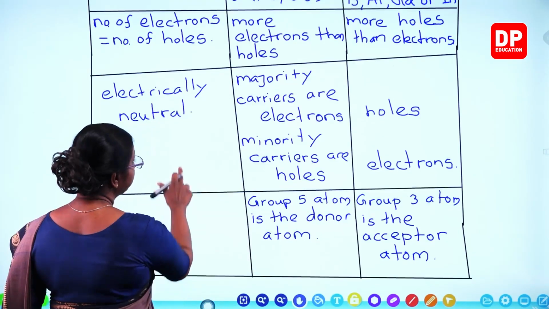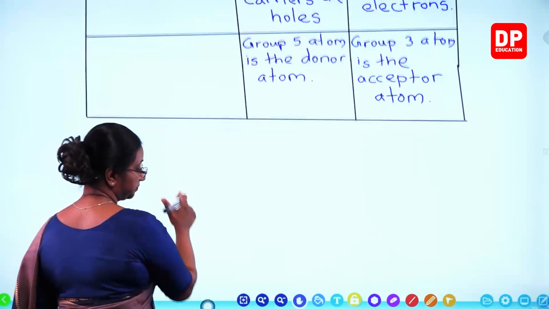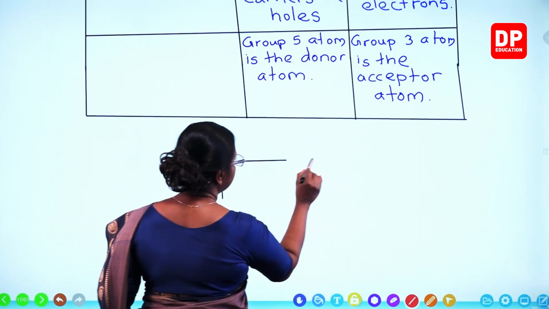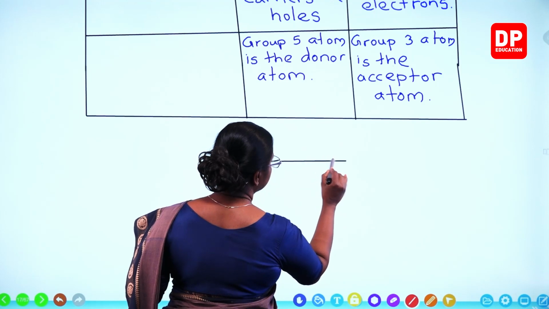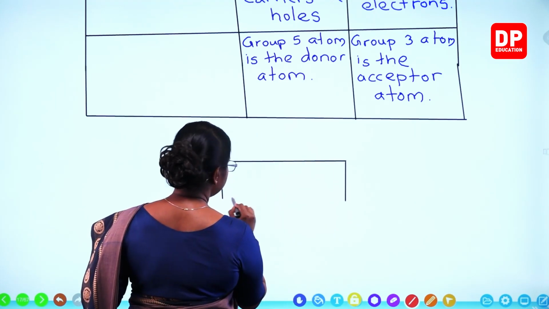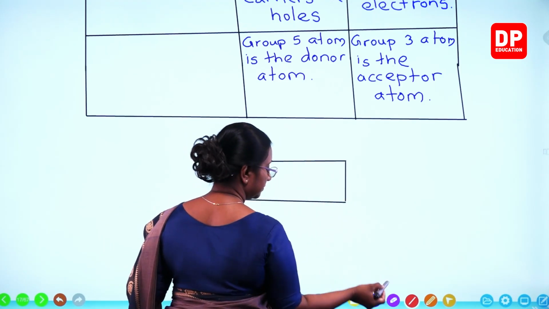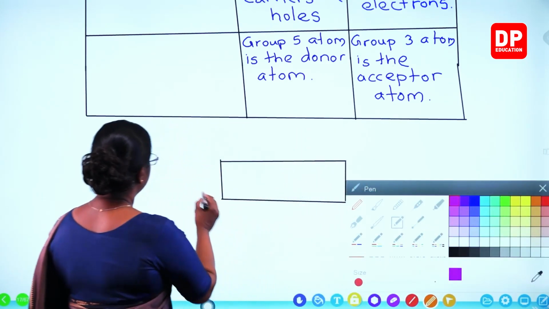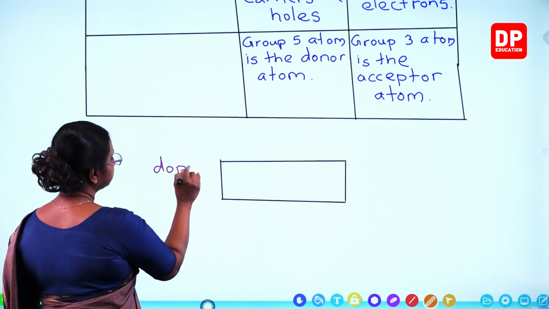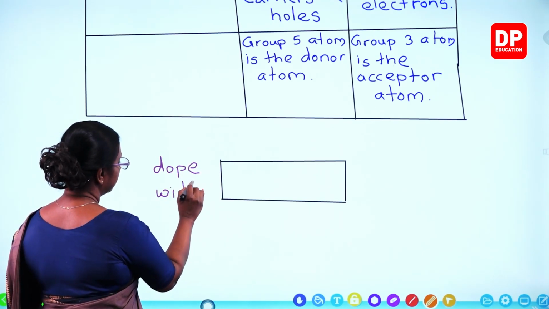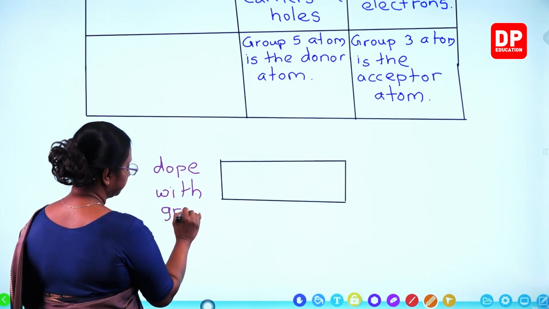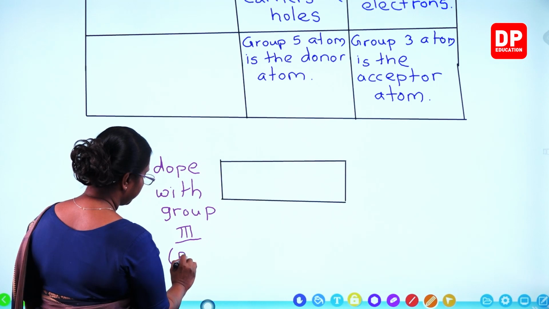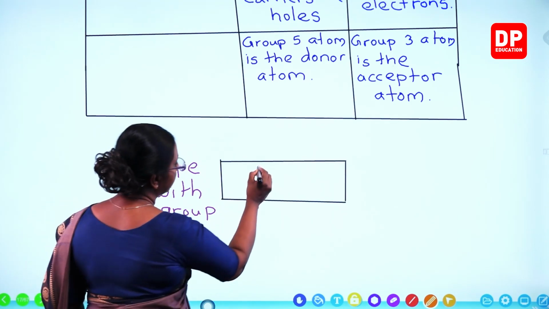For example, now here, if you have a semiconductor like that, then what we do is, this side we dope with group 3. Let's say boron. Then what will happen?